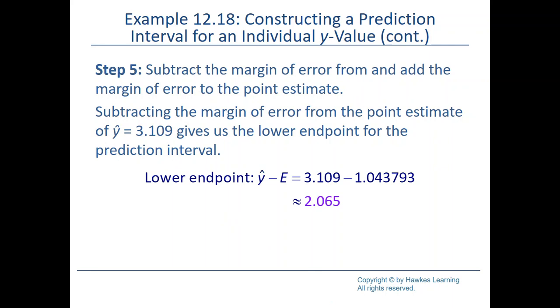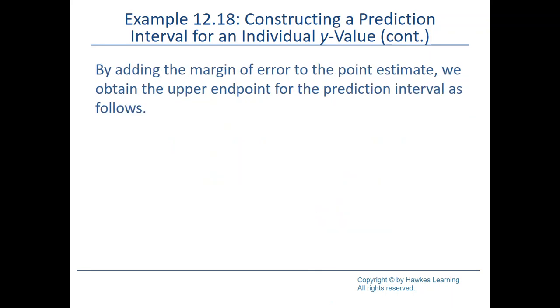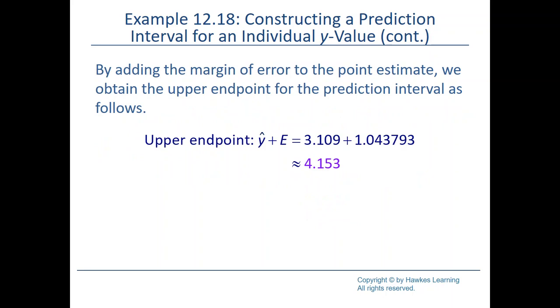So the lower endpoint is going to be the y hat minus my E, so that 3.109 minus my margin of error, which is approximately 2.065. And again, the upper point is going to be that y hat plus E, which is that 3.109 plus 1.043793, which approximately equals 4.153.